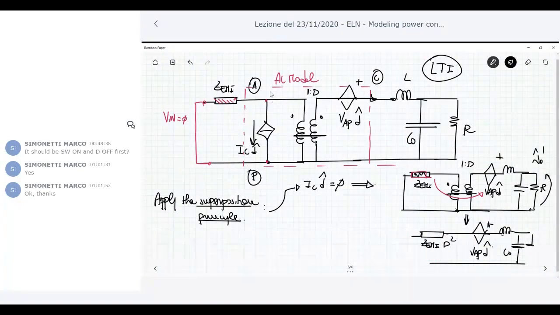I just take this EMI impedance and I put it on the secondary side. And in order to do that, I have to multiply it by the square value of the turn ratio, which is D.